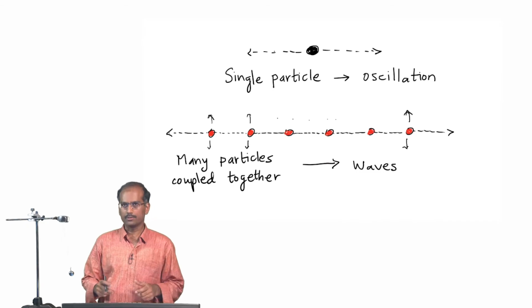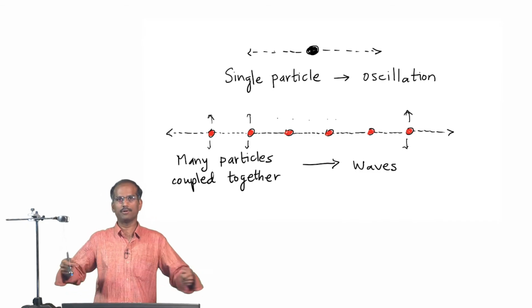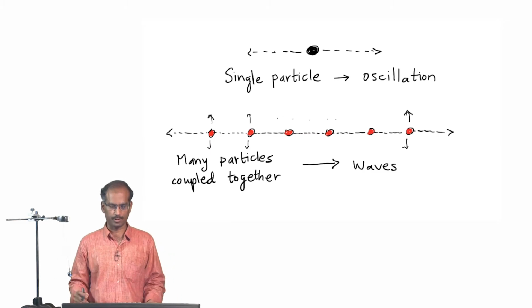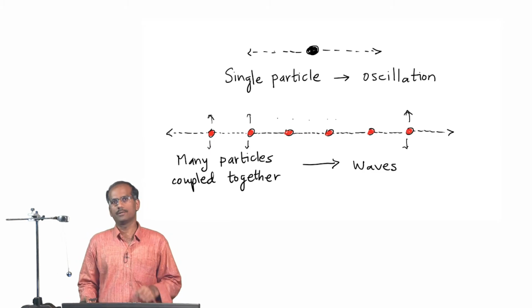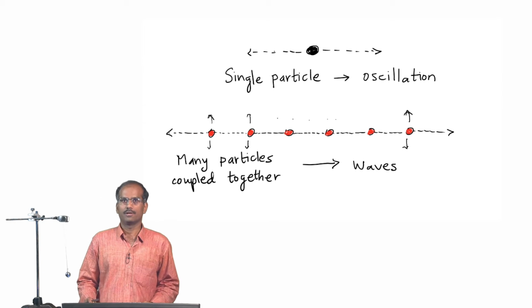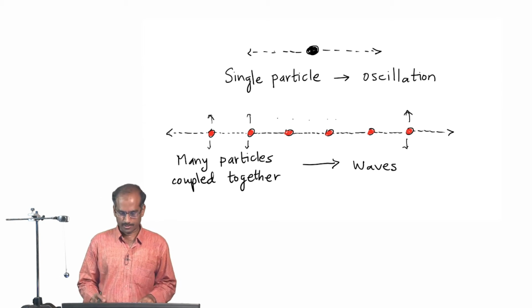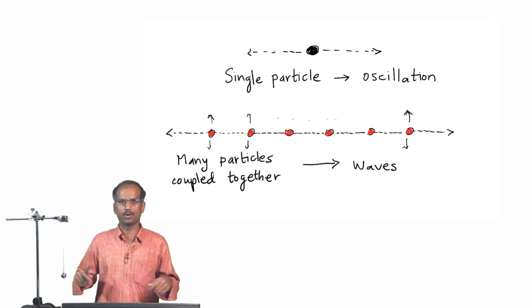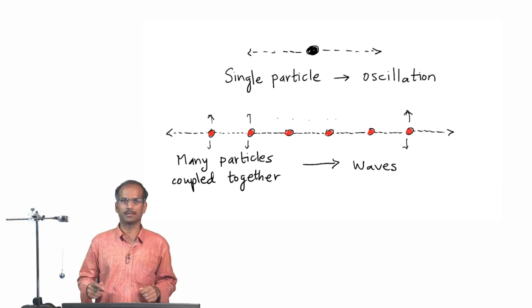On the other hand, you can actually connect several of these particles together, like they begin to interact with one another, and you can make them oscillate. For instance, many of us would have tried doing things like tying a string between maybe two walls and pluck it a little bit.